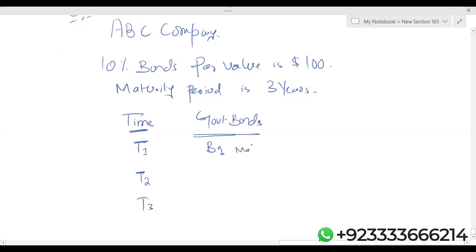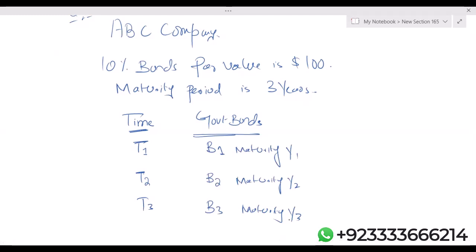Bond two of the government has a maturity period of, let's say, 2 years. Bond three of the government has a maturity period of 3 years. Okay.